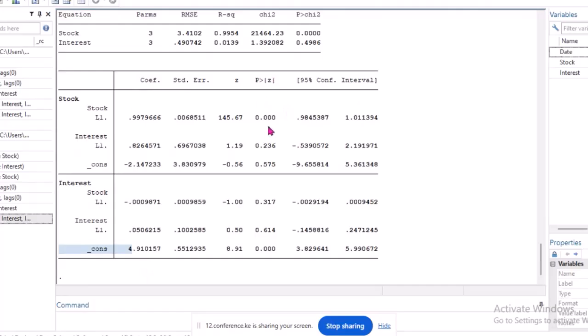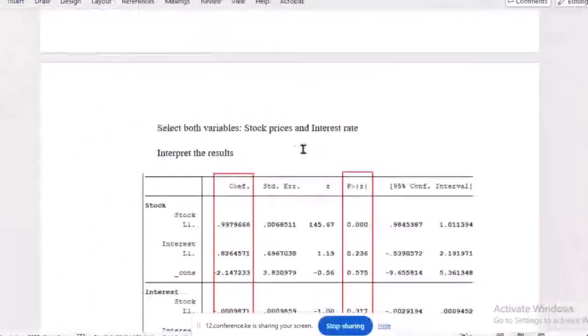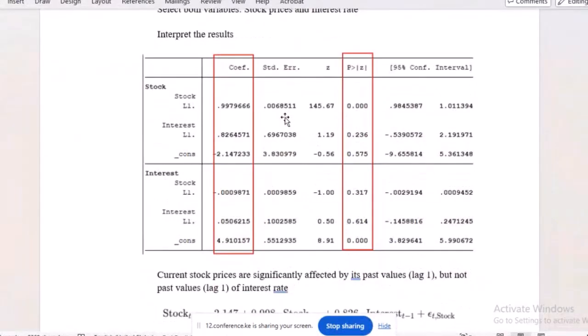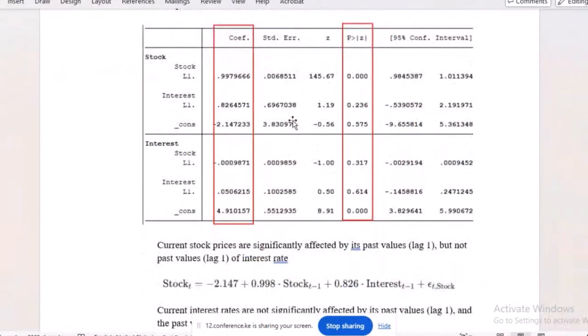So this output here is the same as this. So I have marked these coefficients and the p-values with red. So now, remember we included a lag length of 1. That means the current stock prices and the previous stock prices and the previous interest rates.